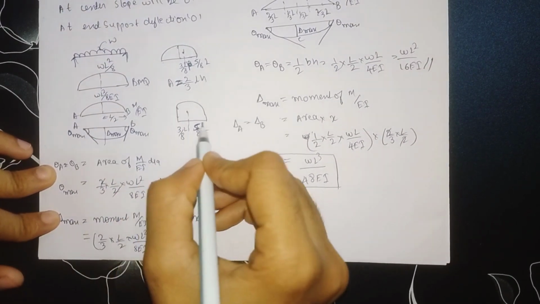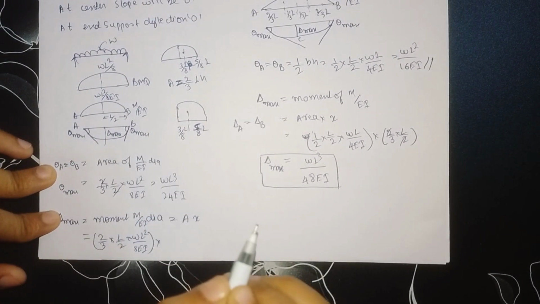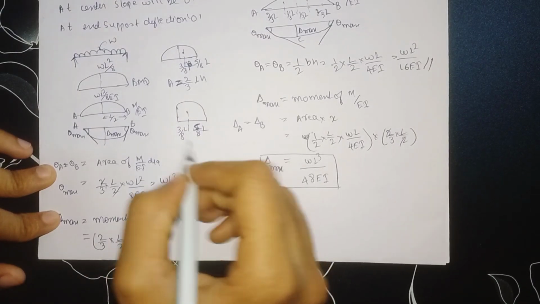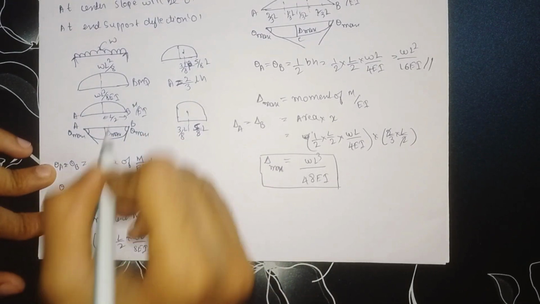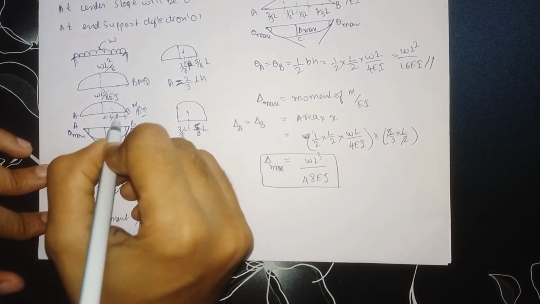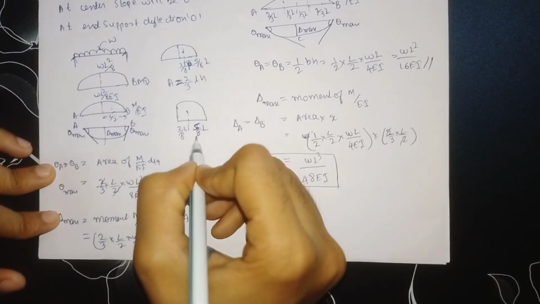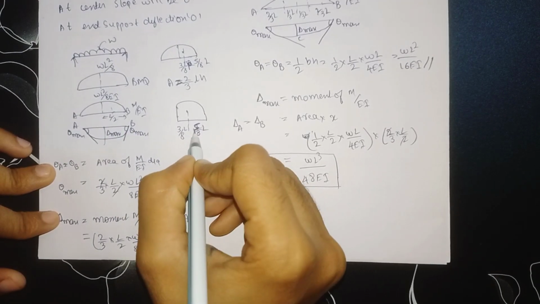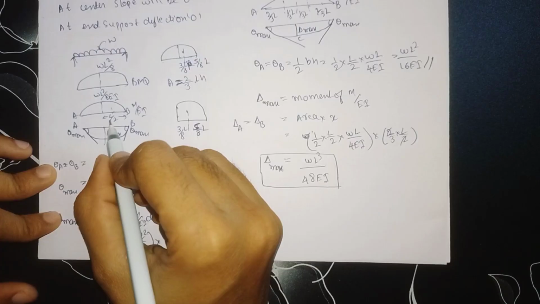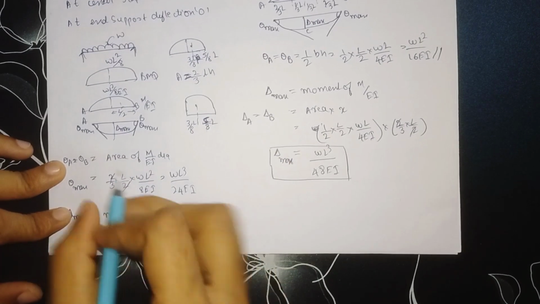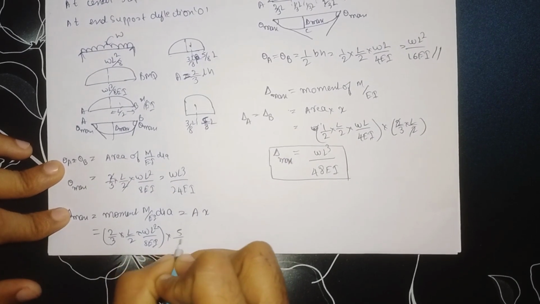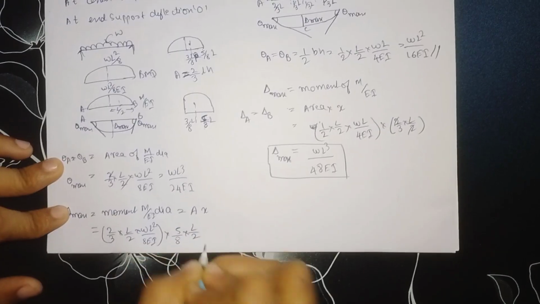Now for this, we need to take the CG distance from the point where the slope is maximum. At point B the slope is maximum. Now we need to take the distance from here to here. We have the formula 5 by 8 into L, and our length is L divided by 2. So 5 by 8 into L divided by 2.